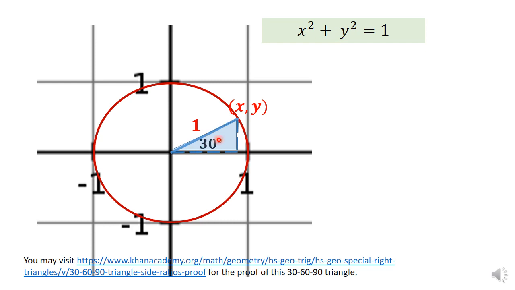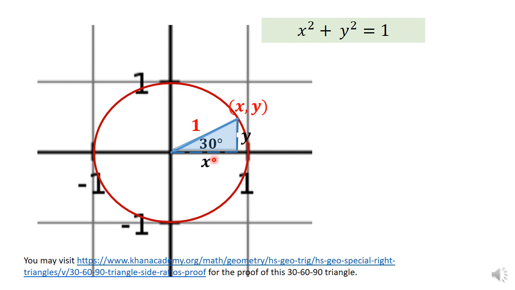But we also take note that for the 30-60-90 triangle, which is this triangle over here, the property is that the shorter leg, which in this case is y, is half of the hypotenuse, while the longer leg, which in this case is x, is square root of 3 times that shorter leg.